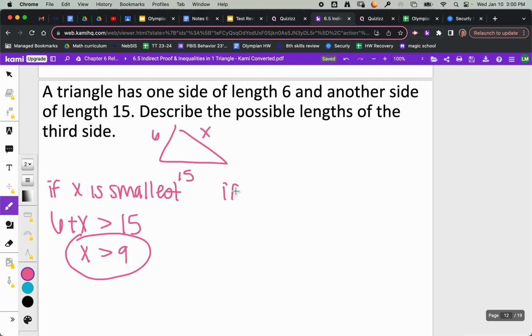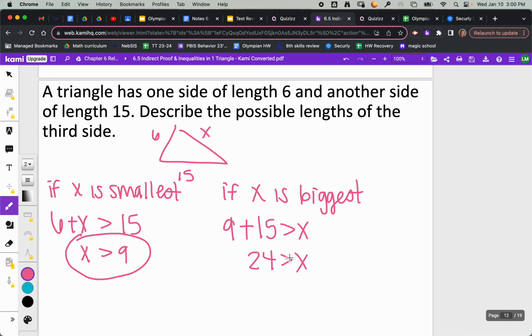We could also have a possibility where X is the biggest, meaning we add 9 to 15, and it still has to be greater than X. We're going to get 24. So X would have to be less than 24.